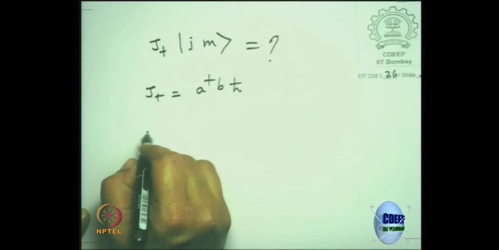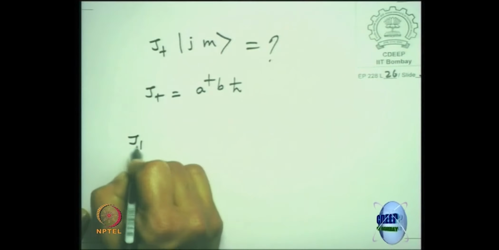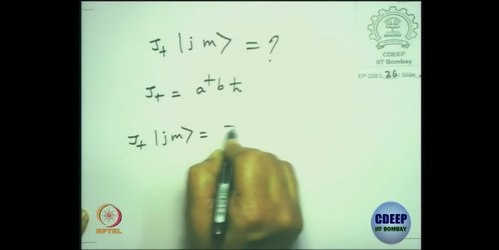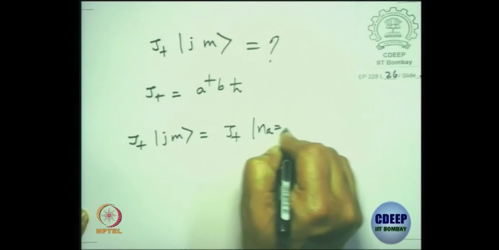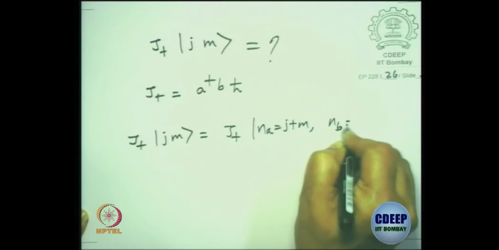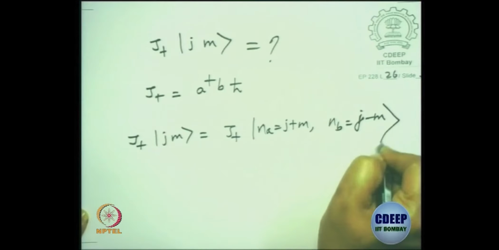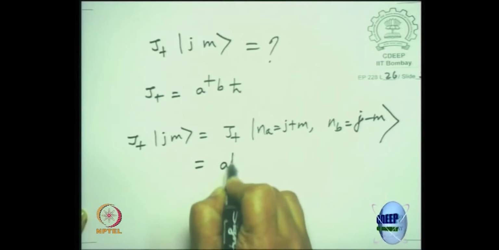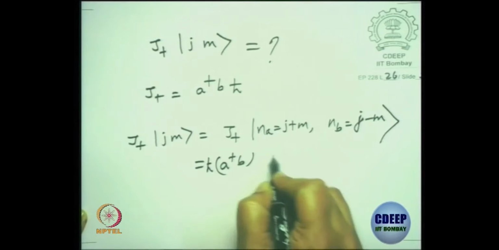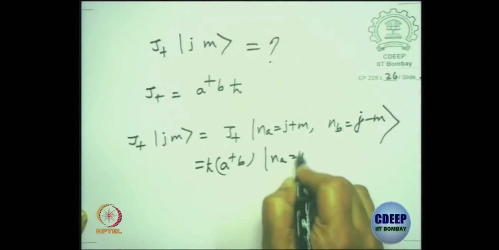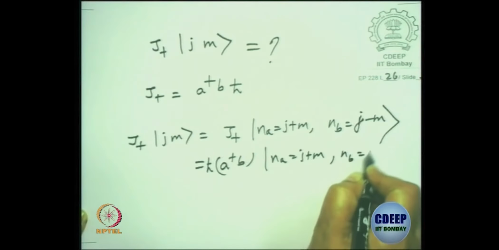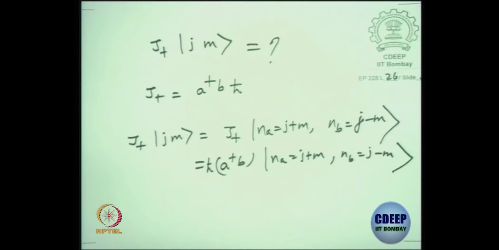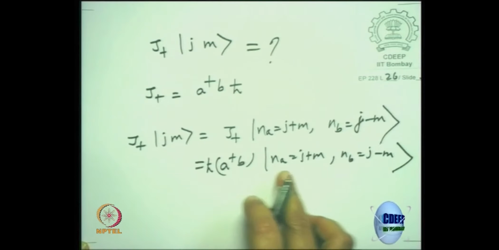So, you want to operate J plus on Jm, which is equivalent to J plus on Na equal to J plus M and Nb equal to J minus M. The state is the same. And here I can operate A dagger B, H cross is anyway a number, on Na equal to J plus M, Nb equal to J minus M. What will B do? B will operate on the first state or the second state?